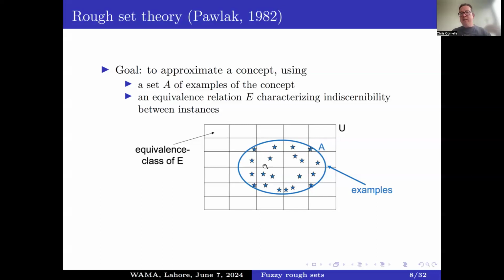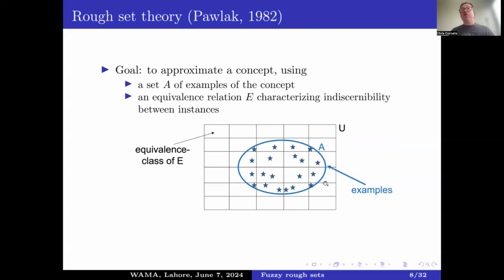So that would be the 6 training examples in our example, and an equivalence relation characterizing indiscernibility between instances. So in our example, in the case of the first inconsistency, that would mean that every 2 clients which have the same condition attribute values would be in the same equivalence class of the relation A.